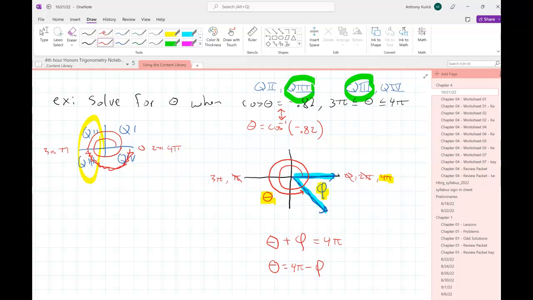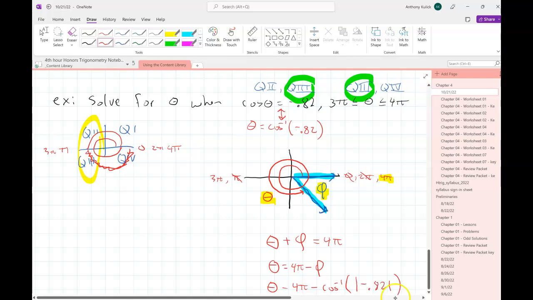Okay, so far so good. So this problem really just boils down to calculating phi then. If I have phi, I'm going to get everything that I need. You guys agree? Okay. The way that we calculate phi is we're going to do cosine inverse of the absolute value of 0.82.